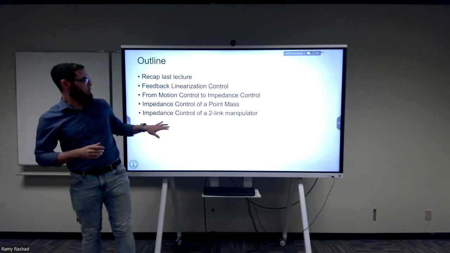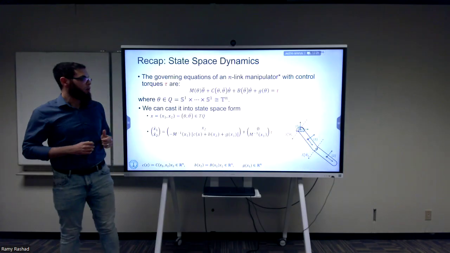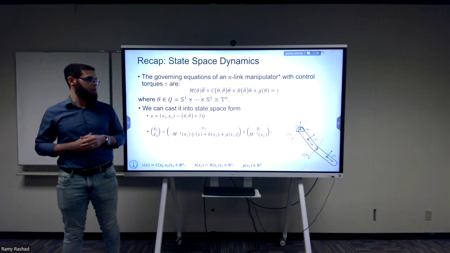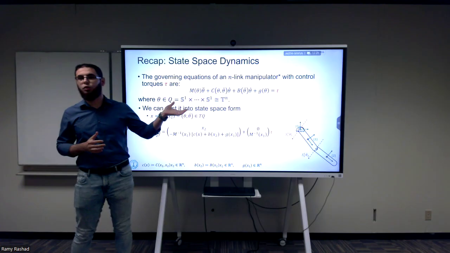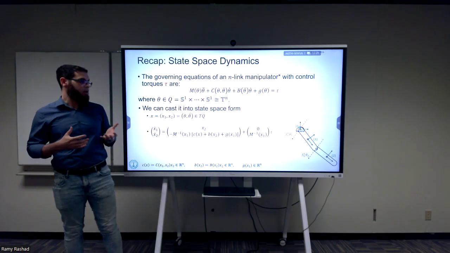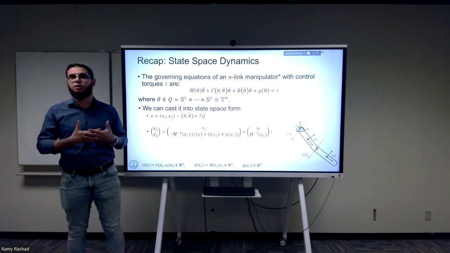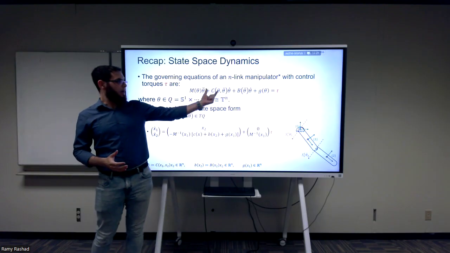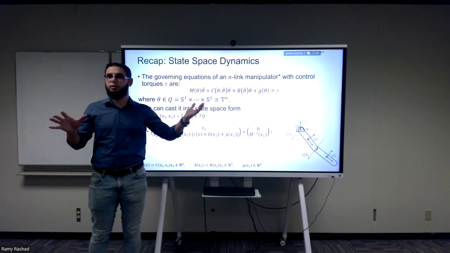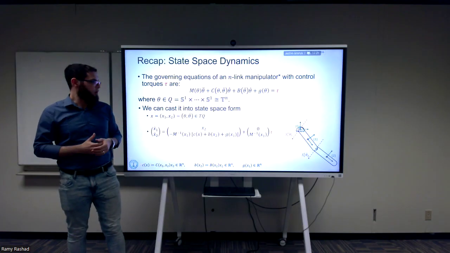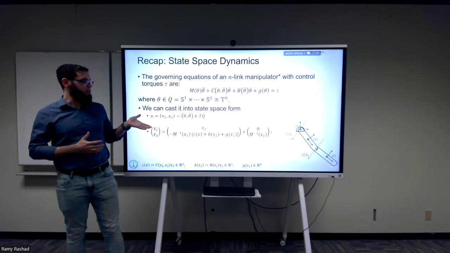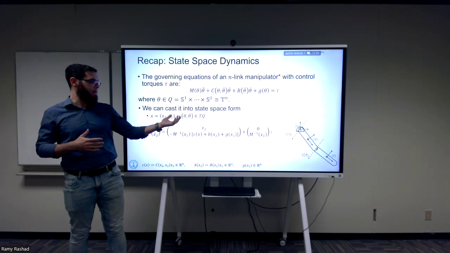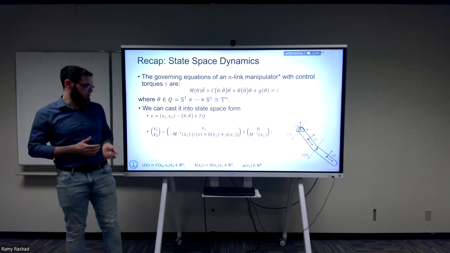Now let's recap what we did last time, where we were looking at the N-link manipulator dynamical equations, and we have a control torque that we want to design such that we want the system to achieve stabilization. So we want to have desired angles for each joint that we want this robot to go to. We cast it into state space form, where the first state was the theta, all of the joint angles, and theta dot, all of the joint angular velocities.